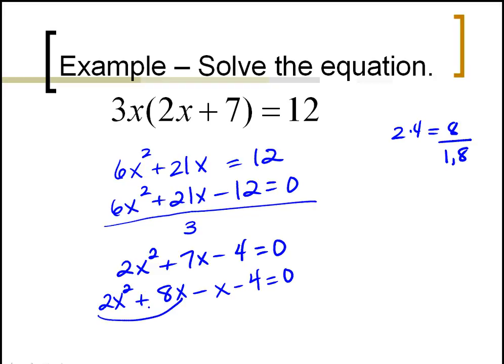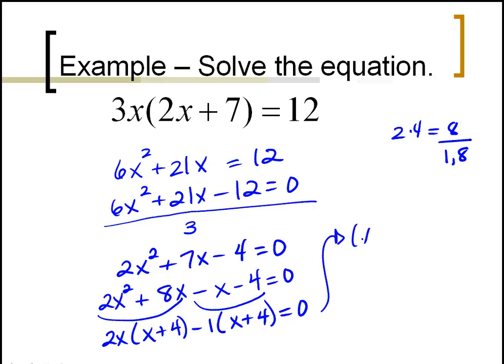So 2x squared and 8x have a 2x in common. That leaves an x plus 4. A negative x minus 4 have a negative 1 in common, which leaves an x plus 4, right? Because when we divide by negative 1, it changes the signs. So the factored form of this is x plus 4 times 2x minus 1 is equal to 0.